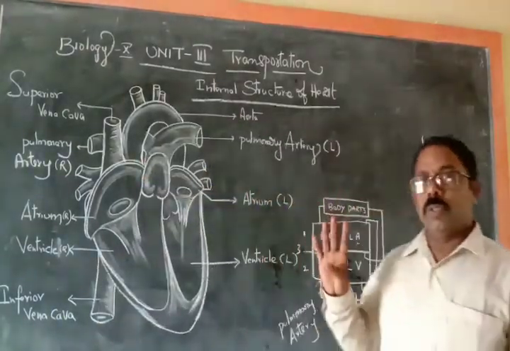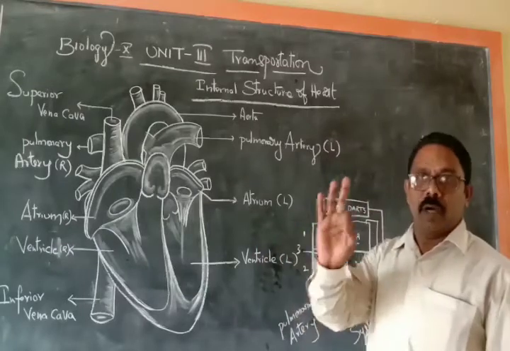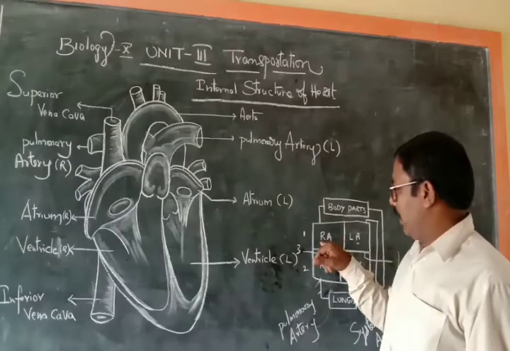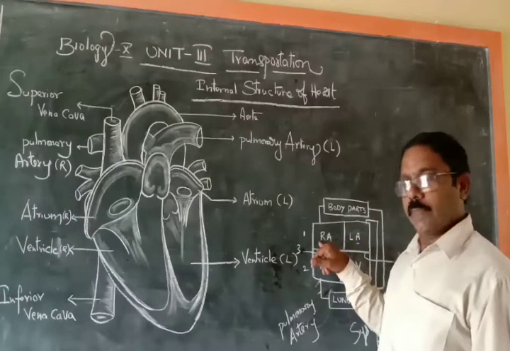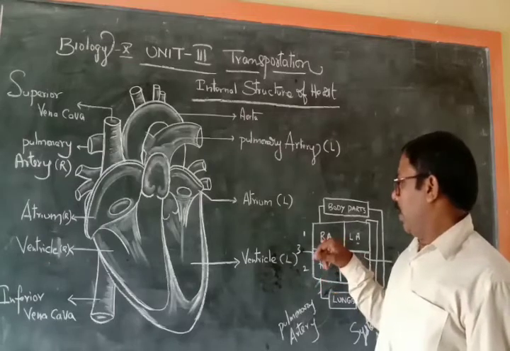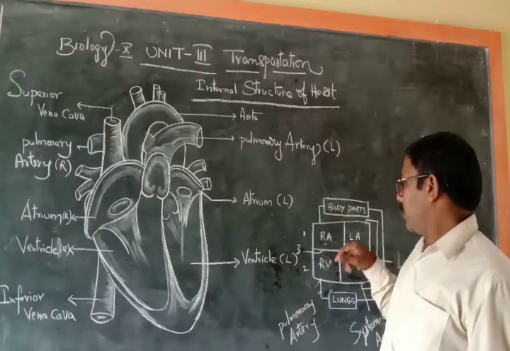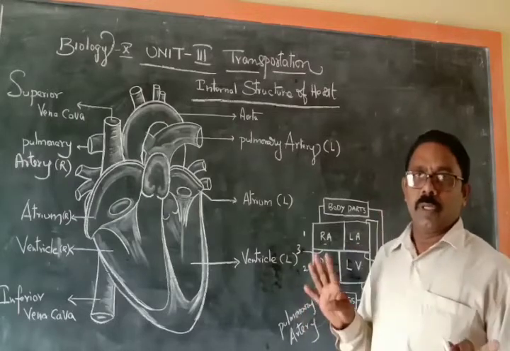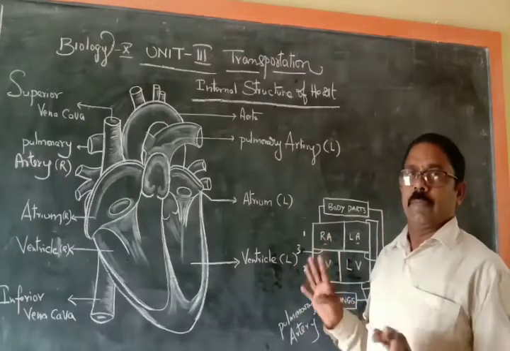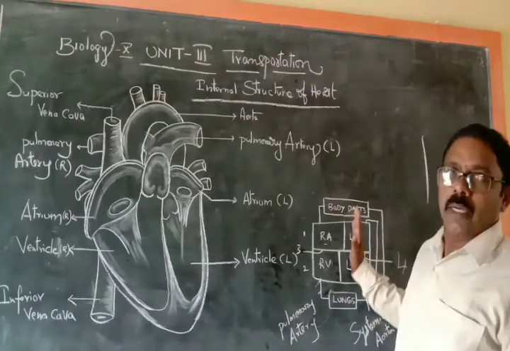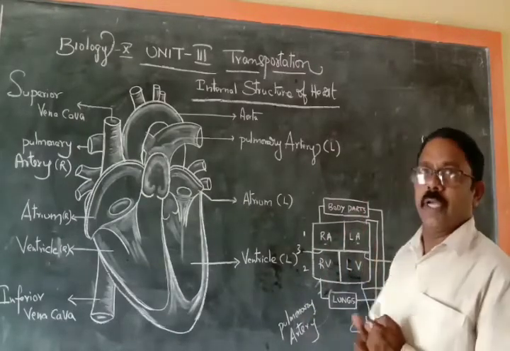There are four septa that divide the heart: the interauricular septum, the interventricular septum, the right auriculoventricular septum, and the left auriculoventricular septum. So the four septa divide the chambers.